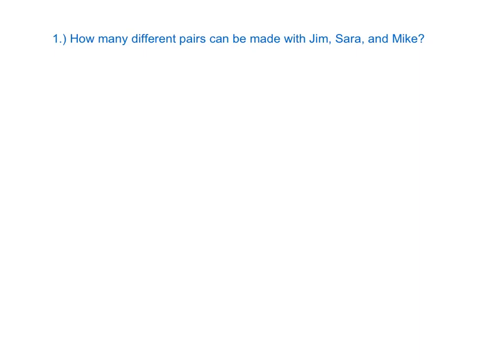Alright, so here's a situation where we want to find out how many different pairs we can make with Jim, Sarah, and Mike. Well, if we look at Jim, Jim can be paired with Sarah, or Jim can be paired with Mike.